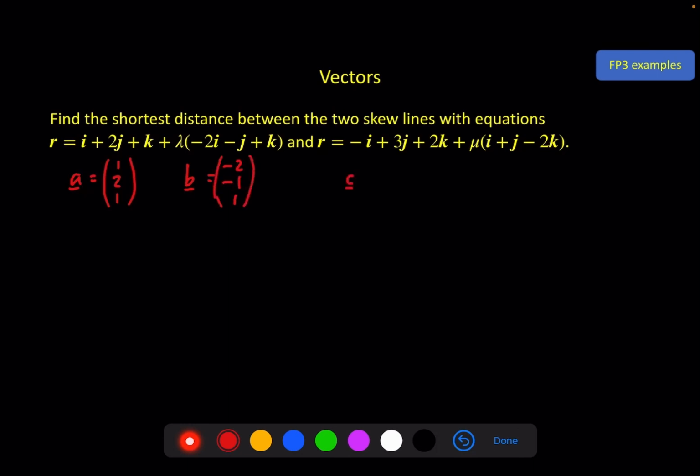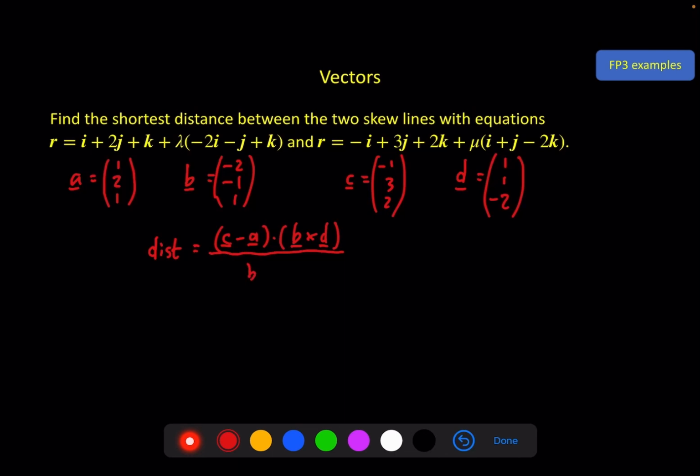Position vector of a point on this line is -1, 3, 2, and the direction vector of this line is 1, 1, -2. Now all I need to do is apply that formula. C minus A dot B cross D divided by the magnitude of B cross D, and ensure it's a positive value.